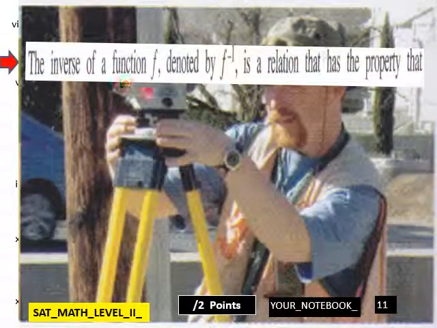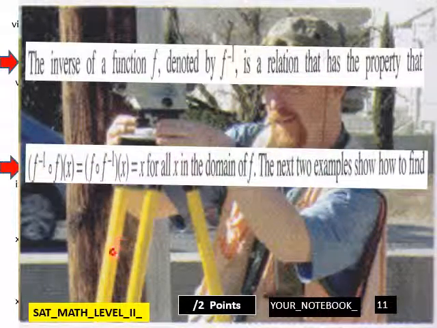The inverse of a function f, denoted by f to the negative 1 power, is a relation that has the property that the inverse of f times f of x equals f multiplied by the inverse of f of x will equal x for all x in the domain of f.